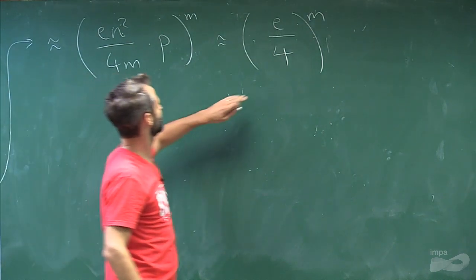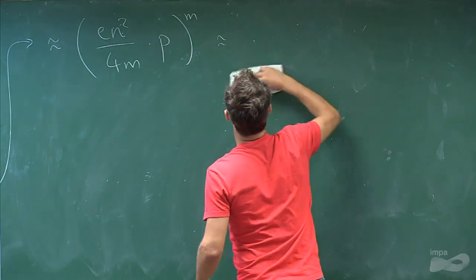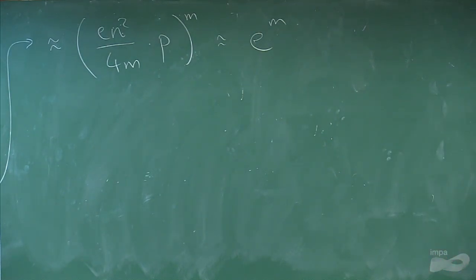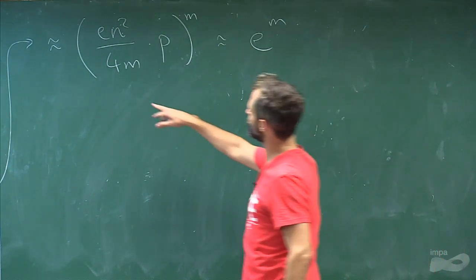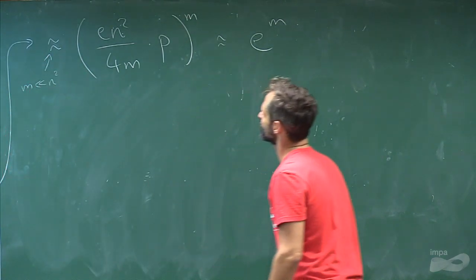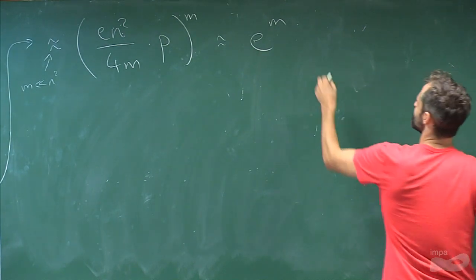There's still a half plus delta and the n squared over 2, so m is roughly pn squared over 4. So it cancels with the pn squared over 4, and it's like e to the m. This is true whenever m is much smaller than n squared. So the point about this is it's much bigger than 1.